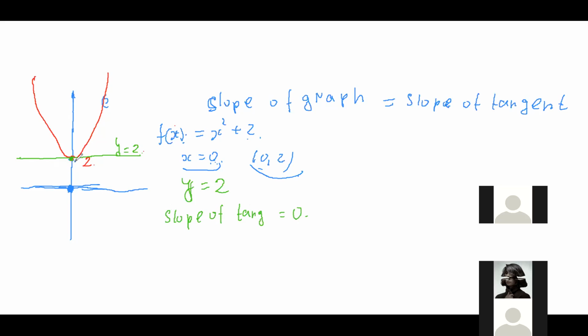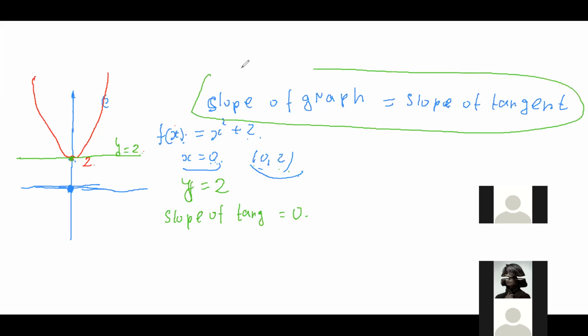Okay. My next question is, what is the slope of the graph f(x) equals x squared plus 2 at the point (0, 2)? It's 0. I understand now.